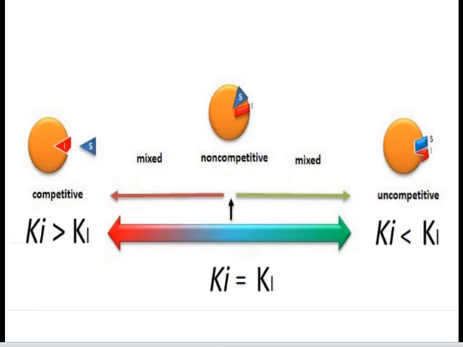If the complex ESI can occur but not EI, then K_i is equal to infinity, and the equation simplifies to that for uncompetitive inhibition. When K_i is equal to K_I, the equation reduces to that for simple linear non-competitive inhibition.